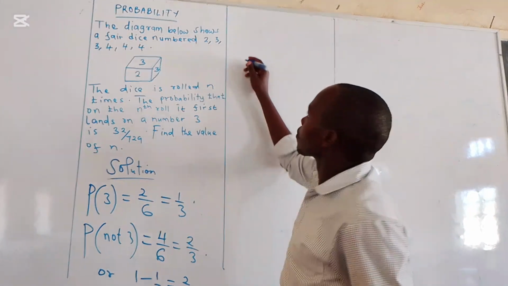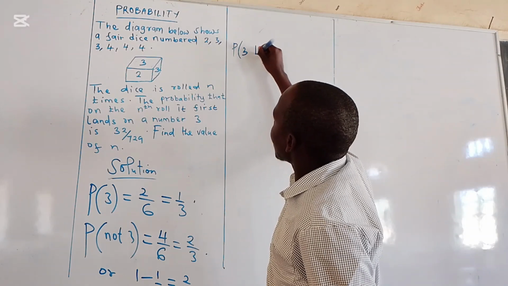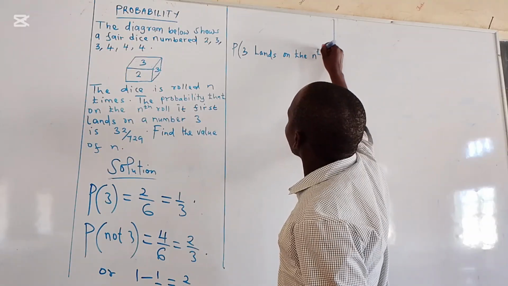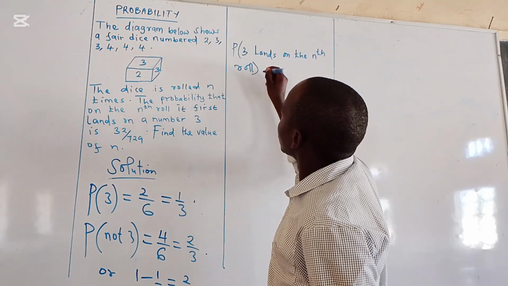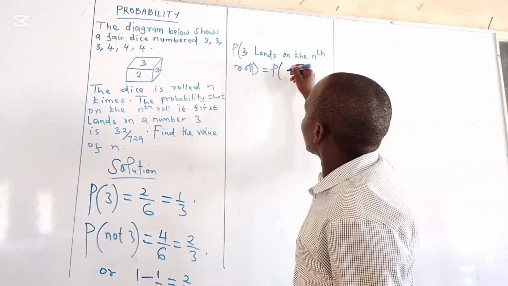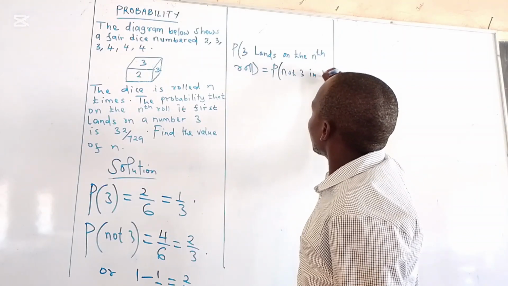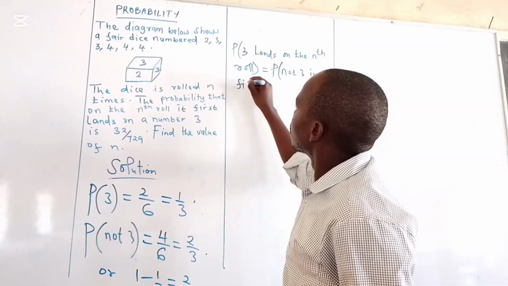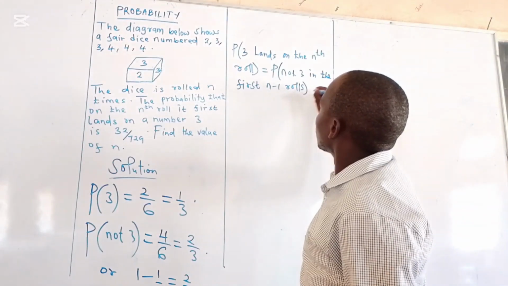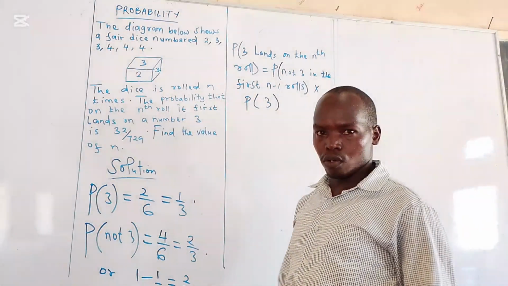So this one would be, let's say, the probability that 3 lands on the nth roll is given by the probability that it's not 3 in the first n minus 1 rolls, multiplied by the probability that it is 3 in the last roll.